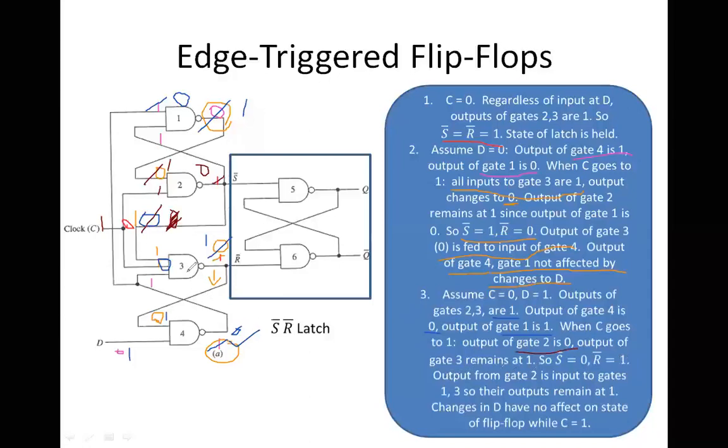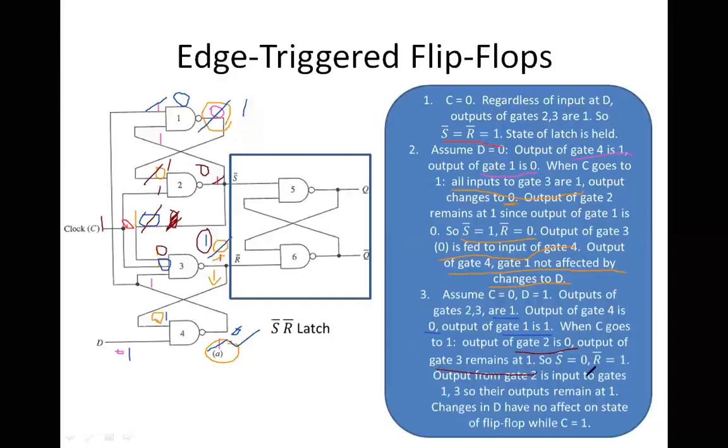Let us see the output of gate 3. Now this 0 will come and sit here. Anything into 0 will become 0, and the output is still remaining at 1. So there is no change in the output of gate 3, which is 1.